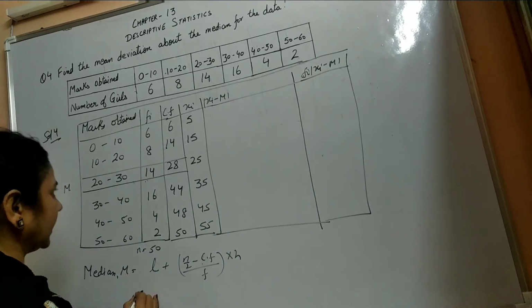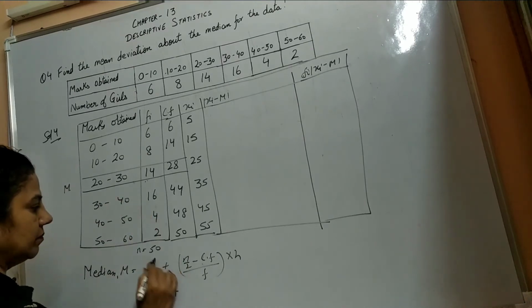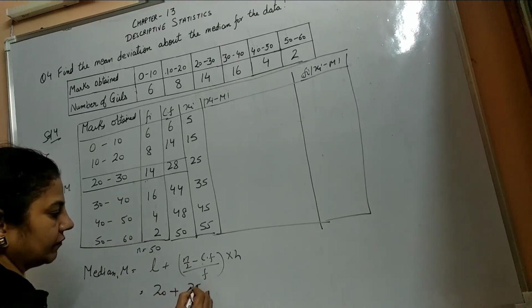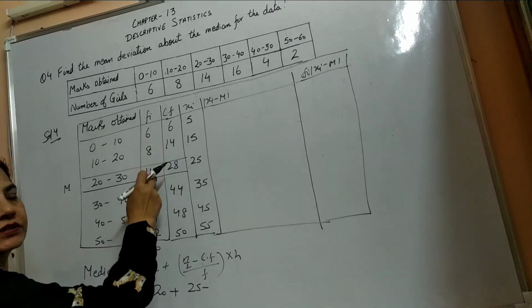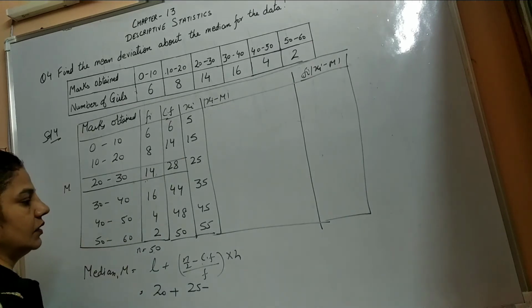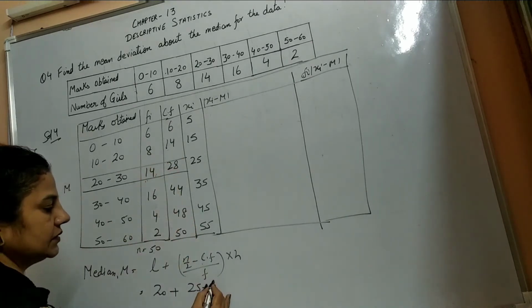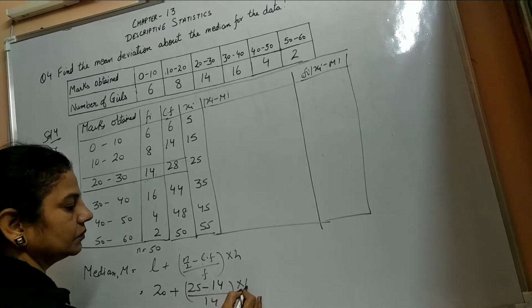So the lower limit will be 20 plus (n by 2, that is 50 by 2, which is 25, minus the cumulative frequency of the preceding class, which is 14) upon 14 into 10.